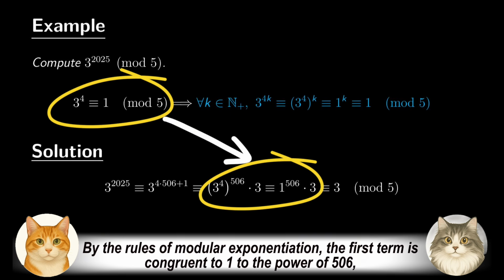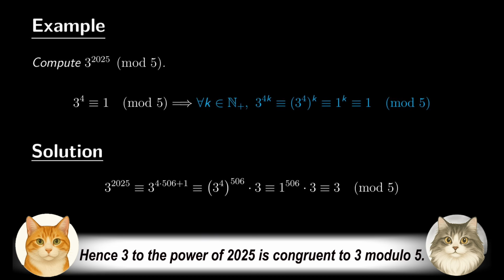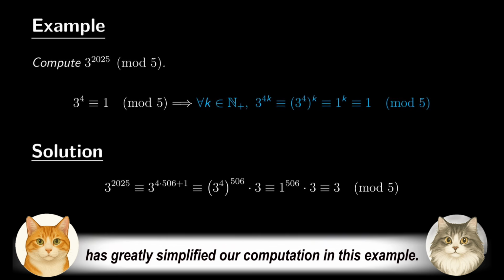By the rules of modular exponentiation, the first term is congruent to 1 to the power of 506, which is nothing but 1. Hence 3 to the power of 2025 is congruent to 3 modulo 5.